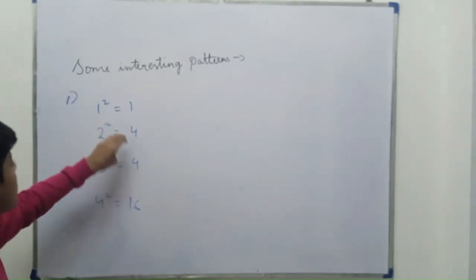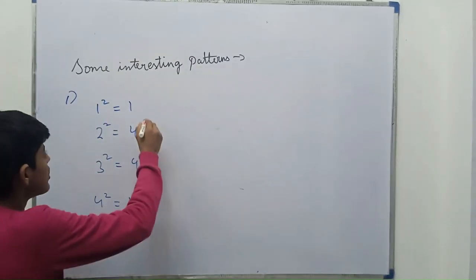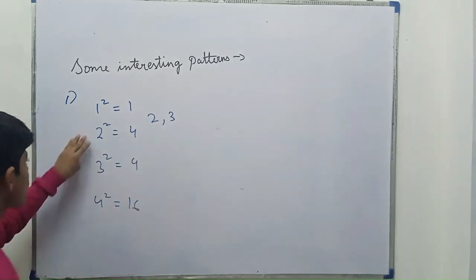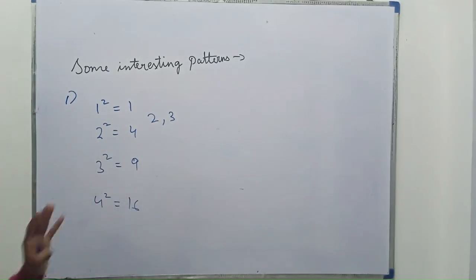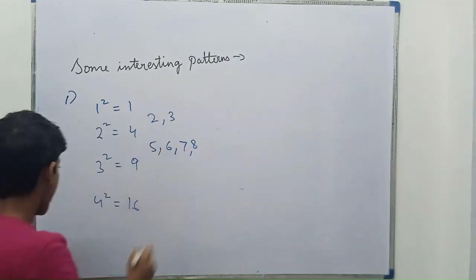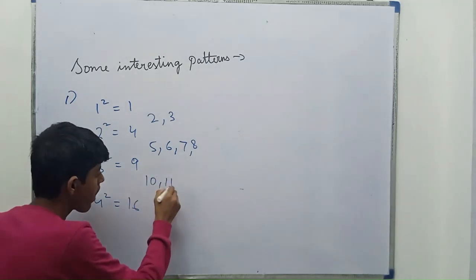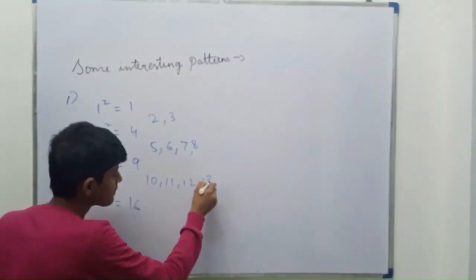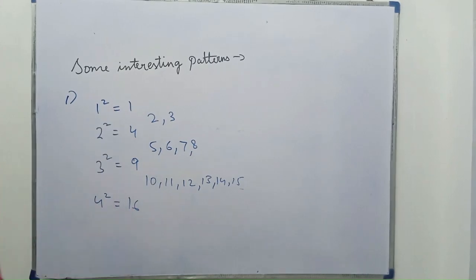If we see the squares of 1 and 2, which are 1 and 4, two numbers lie between these, 2 and 3. Between the squares of 2 and 3, which is 9, there lie 4 numbers, 5, 6, 7, 8. And between the squares of 3 and 4, 6 numbers lie. Now, what is the interesting pattern?